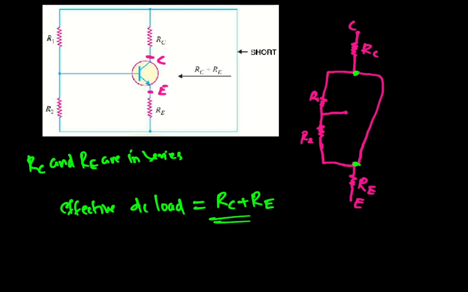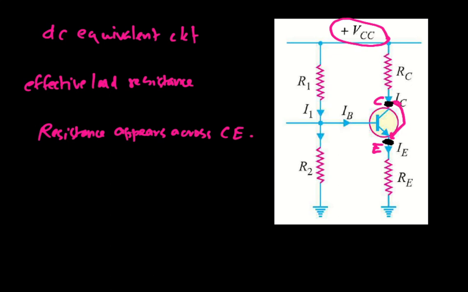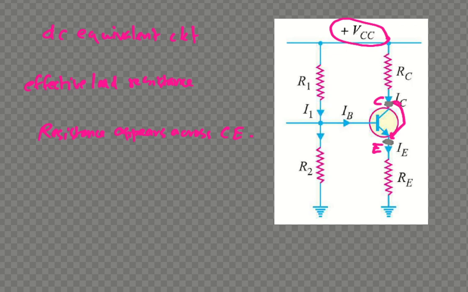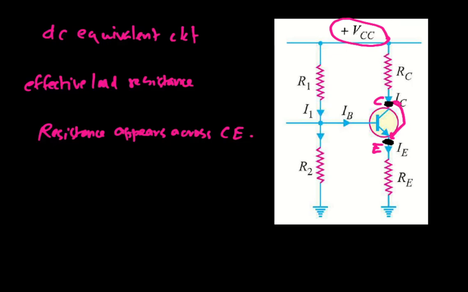And also we have to calculate the other parameters, that is the current I1, then currents IB, IC, IE, etc. We can calculate them just by applying Kirchhoff's voltage law and current law.